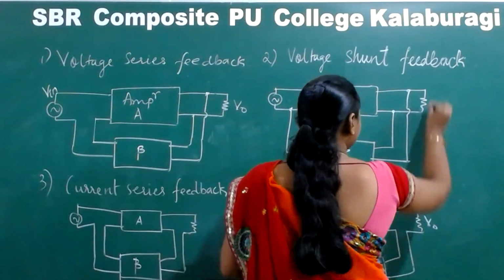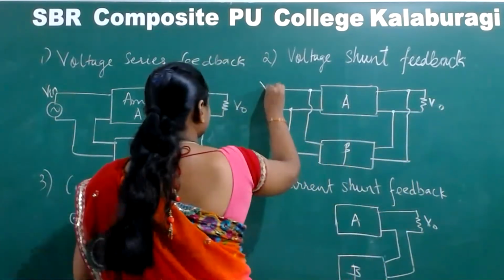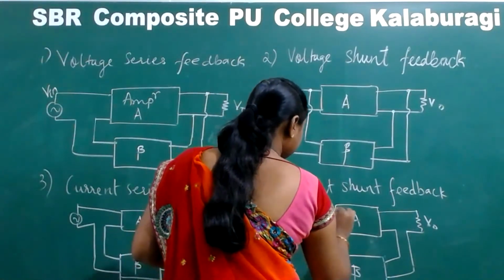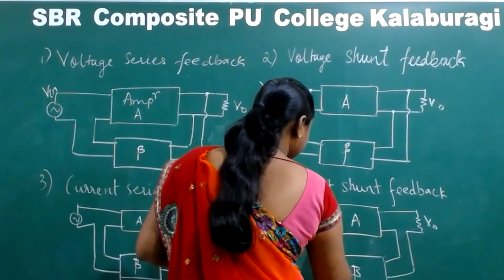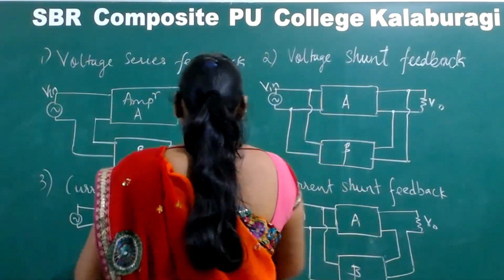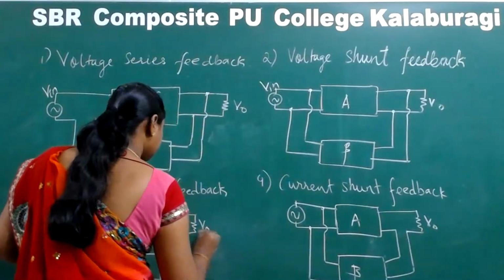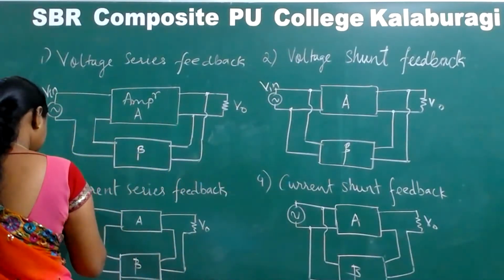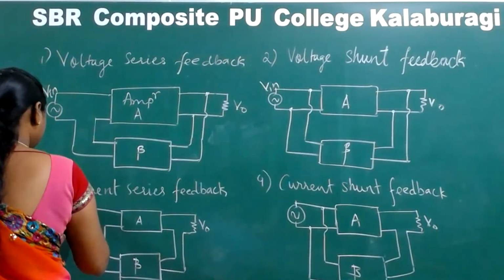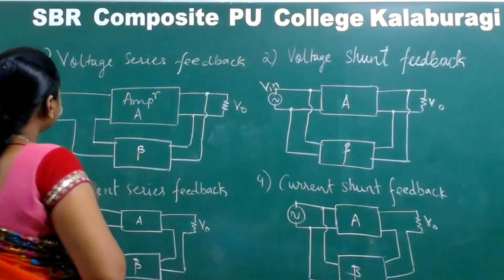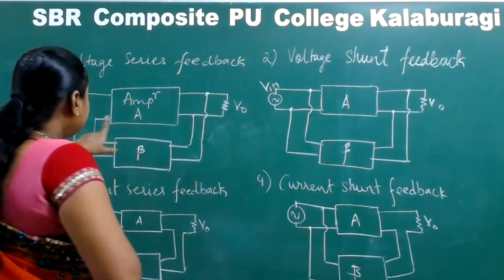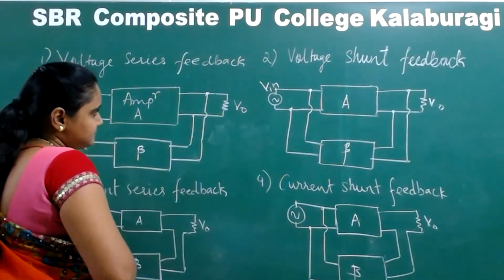Here we are observing V naught, Vi. Okay. This is the current shunt feedback.